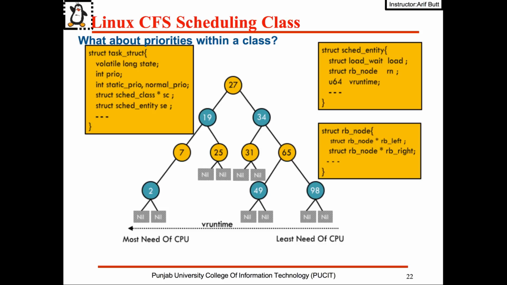CFS does not use priorities directly, rather uses them as a decay factor of vruntime. So lower priority tasks have higher factors of decay, that is their vruntime grows faster, and higher priority tasks have smaller factors of decay, that is their vruntime grows slower.